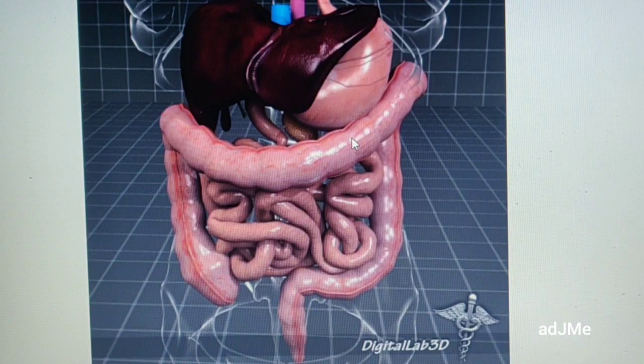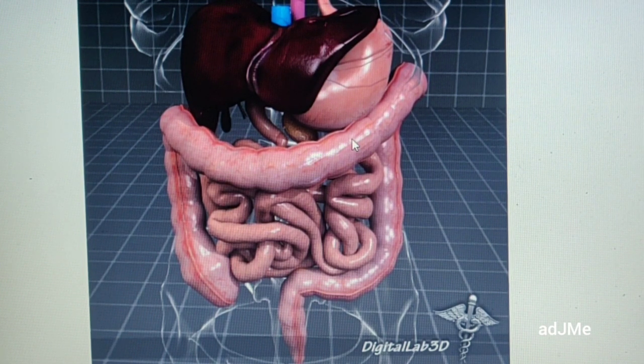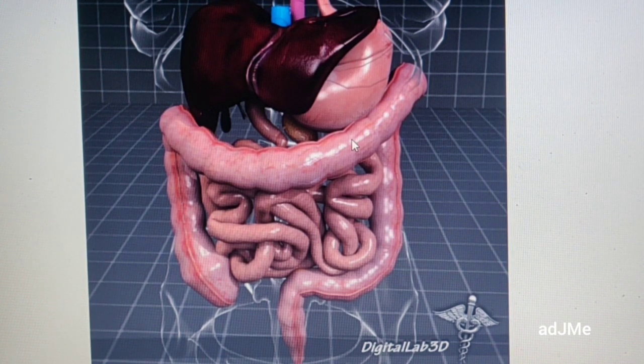Before ending our digestion in human beings, there is one more point to note. When I was teaching about nutrition in amoeba, I said it is called intracellular digestion, that is, the digestion takes place inside the cell. In humans and other higher animals, the type of digestion is called extracellular digestion. Intra means inside.